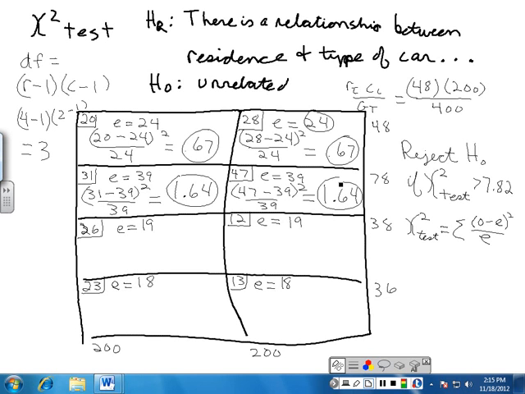And really, in a 50-50 split, we're going to get the same numbers in each row. Now that won't always be the case, but it will be with a 50-50 split. So 26 minus 19 squared divided by 19 is equal to 2.58.